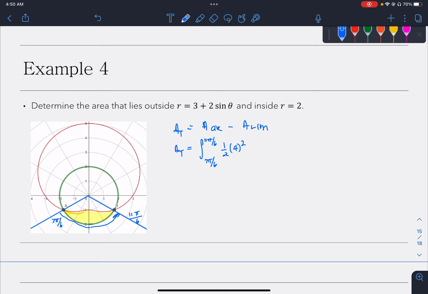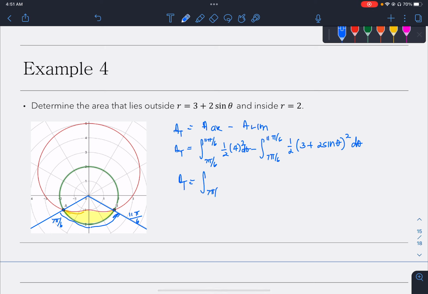And then minus the area of the limacon, again from 7 pi all over 6 to 11 pi all over 6, 1/2 times (3 plus 2 sine theta) squared, d theta and d theta there. So the total area then will be, actually it's the same thing, no?